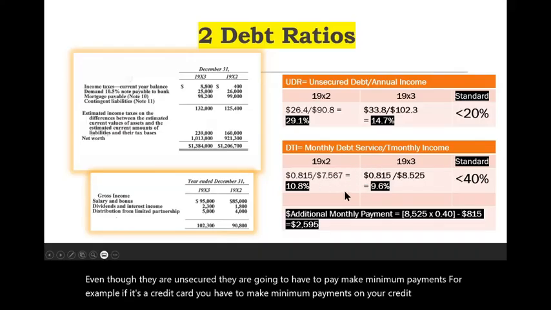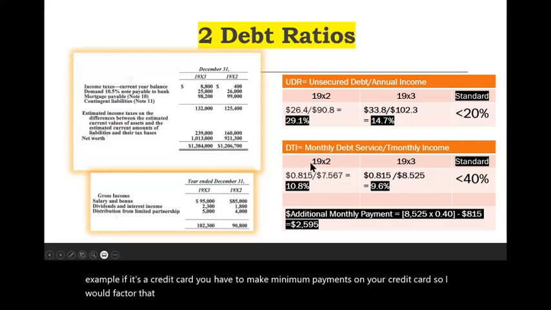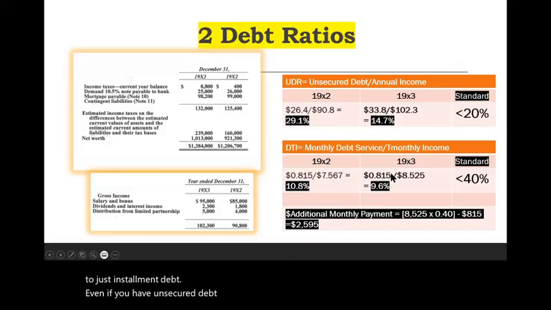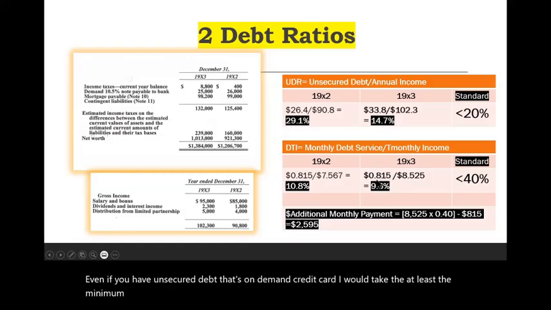So I would factor that in when I'm calculating this ratio, okay? So do not limit it in a practical situation to just installment debt. Even if you have unsecured debt that's on demand, like credit card, I would take at least the minimum payment and include that amount in my numerator.